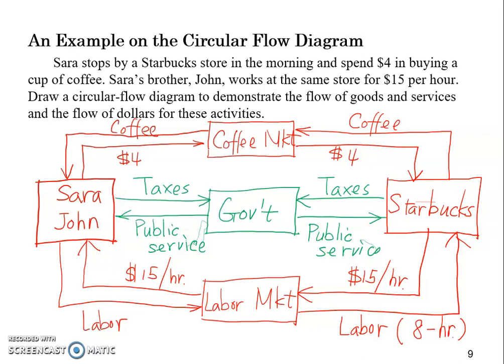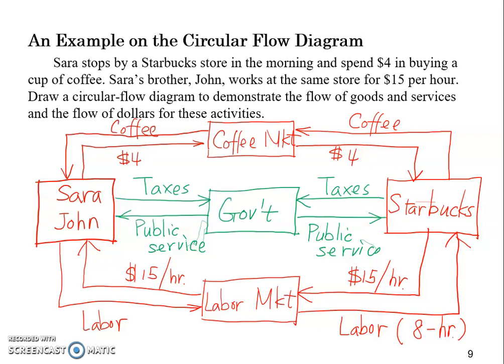On the right-hand side, the service that the government provides to Starbucks could be, again, some kind of infrastructure, and some business administration services, like supporting services, for example intellectual property right protections.